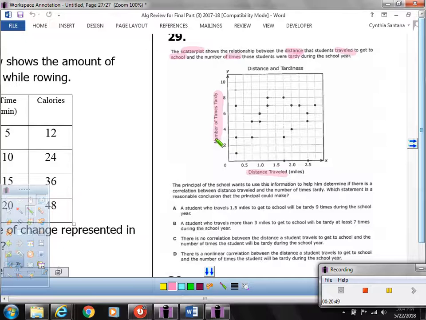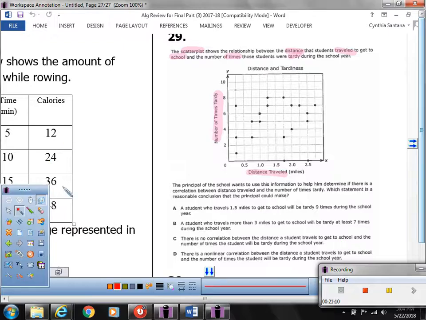I wonder if there's a relationship. Well, it doesn't look like there would be. I mean, logically, I don't understand, but maybe the further you live, the more tardies you have. I don't know. It doesn't seem to have some kind of relationship. I kind of see dots a little bit scattered all over the place. Usually you'll see dots kind of tightly going upward, and that would be like a positive correlation.